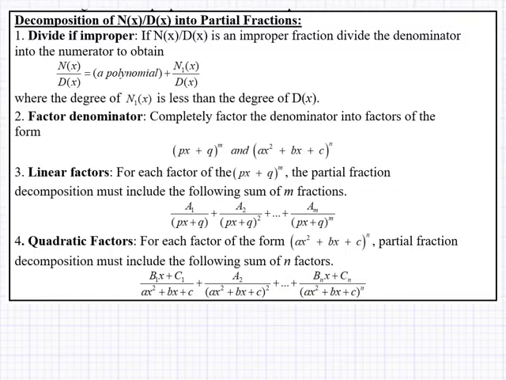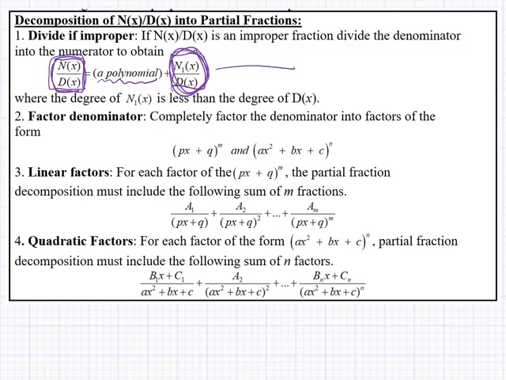If it is not, then the way you would have to get started is to create a proper fraction, and you would do that by dividing. So if you start here and this isn't a proper fraction, you would actually do this division, which would result in a quotient being some polynomial, and then your remainder over your original divisor. This fraction right here will always be a proper fraction.